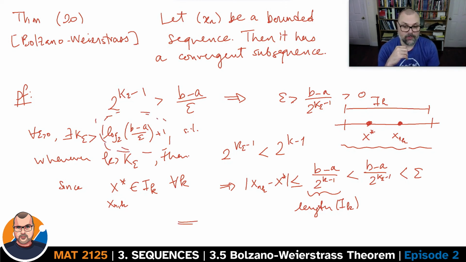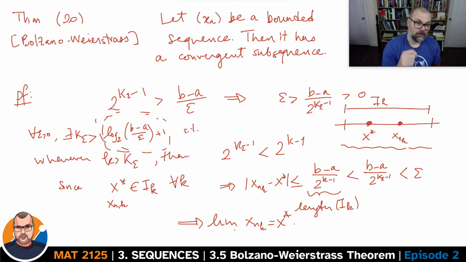So we conclude from this, the limit when k goes to infinity of x_{n_k} is actually equal to x star. And we have found that the subsequence that we found, the x_{n_k}, is in fact a convergent subsequence and converges to x star. Every bounded sequence has at least one convergent subsequence.